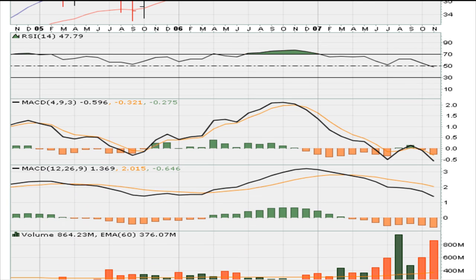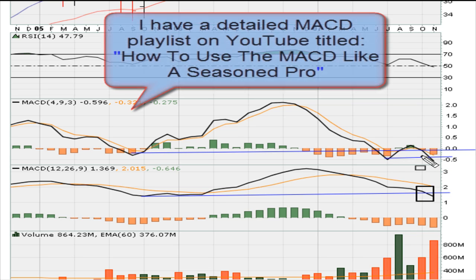And if you take a look at the MACDs, things were looking very bearish, because the main MACD was at 3-year lows, which is not good, and also the other secondary MACD was already trading at 3-year lows and also trading below zero.